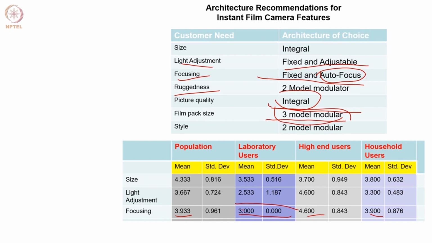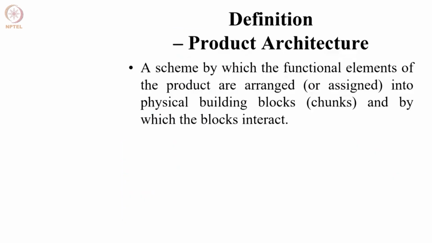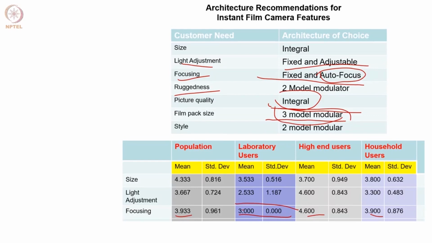So, this is how we look into the customer segments and their distribution in order to decide about the portfolio architecture. This actually talks about how we decide the portfolio of a product.